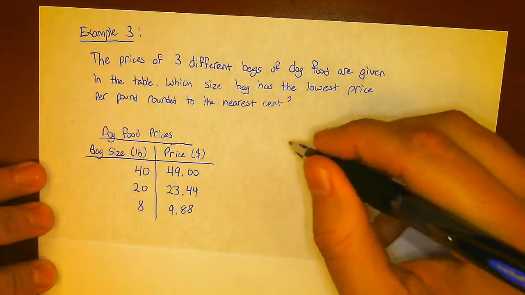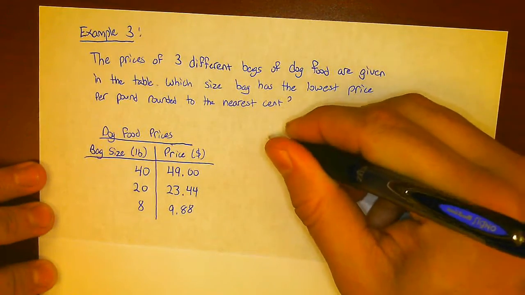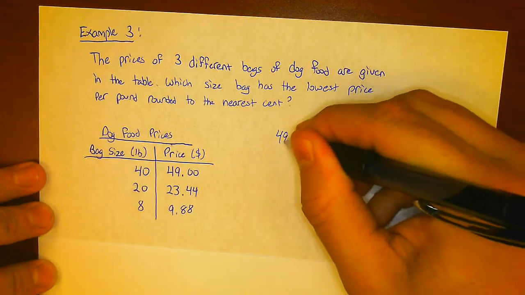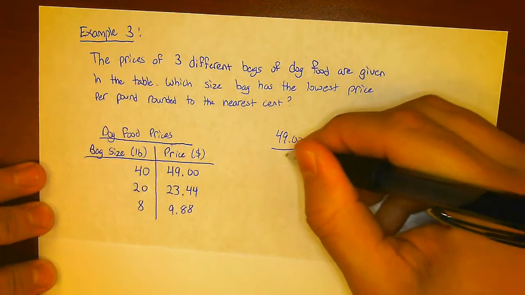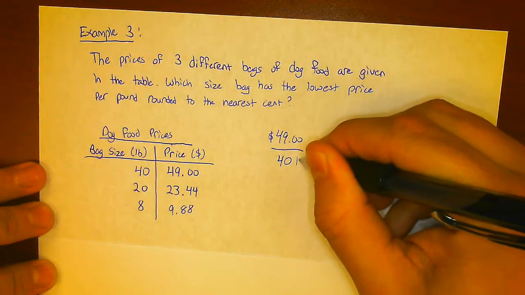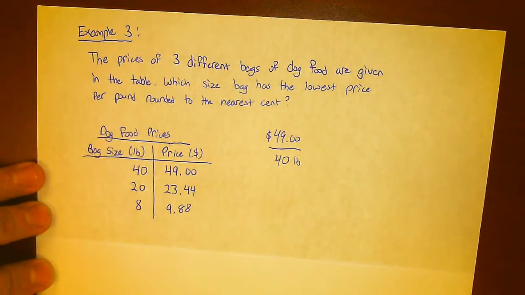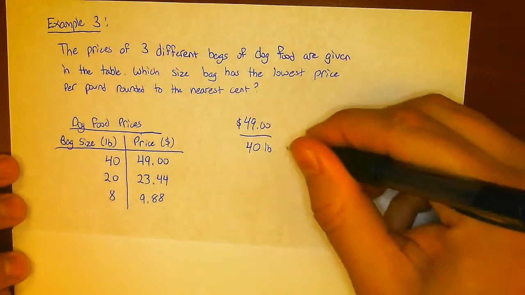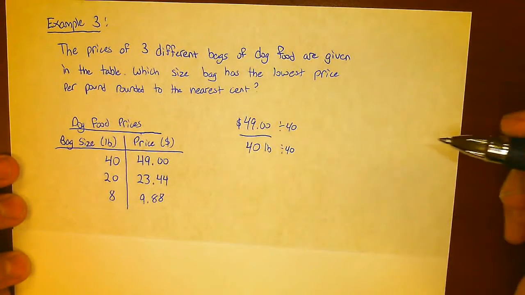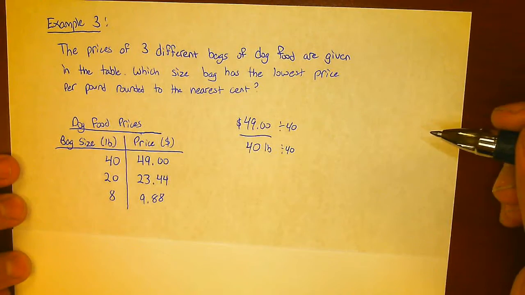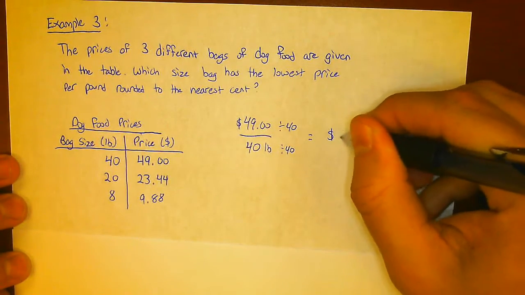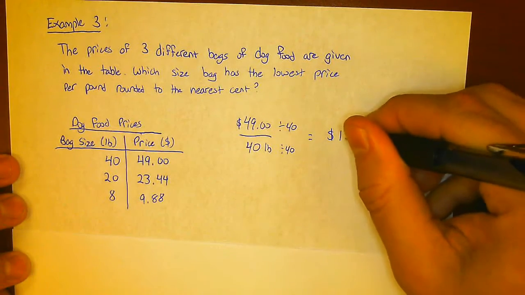Alright, so we'll take the first one. We'll take $49. This is the bag for 40. So $49.00 over the 40 pounds. Now we divide by 40. You should get $1.23 per pound.